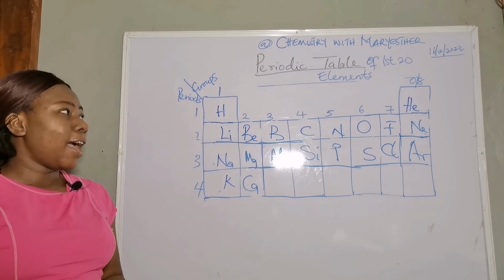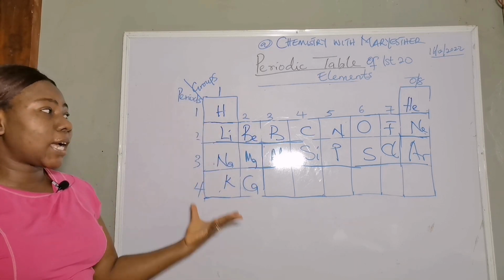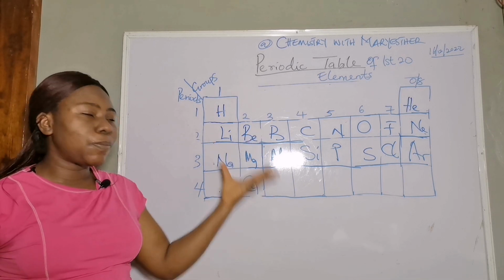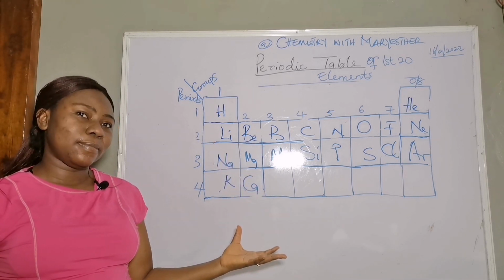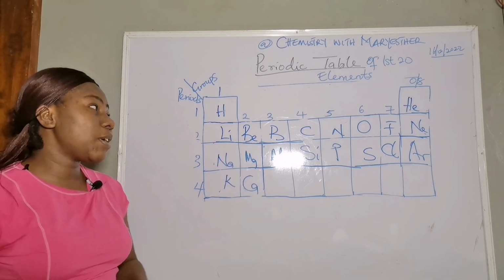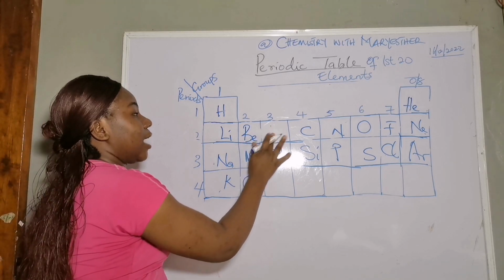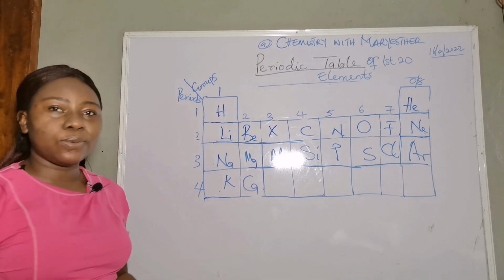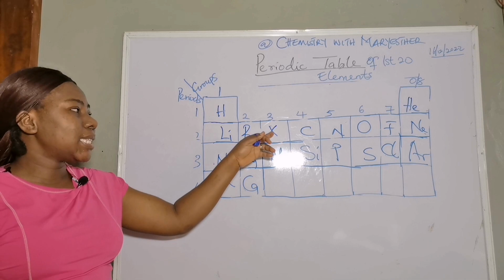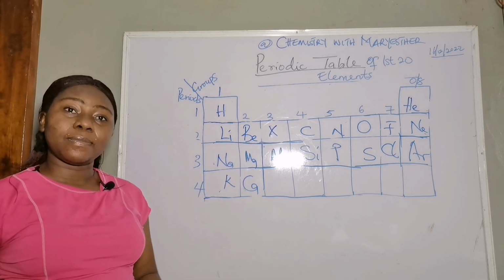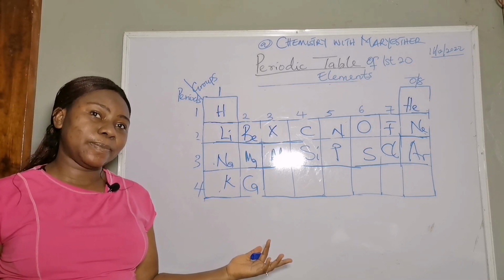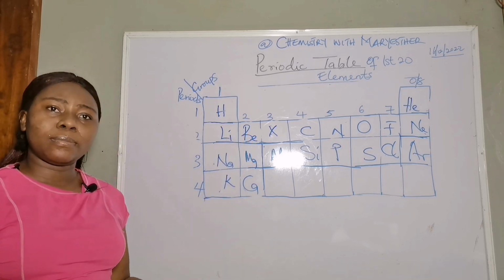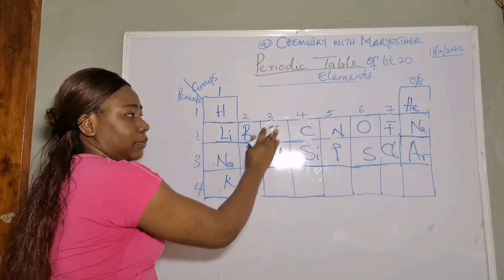And very simple. And there are a lot of questions that can come out from this periodic table. Sometimes WASSCE may just claim B and put X and now ask you, what is the name of the element here? You may find it difficult to answer, but it's very simple. It is boron.